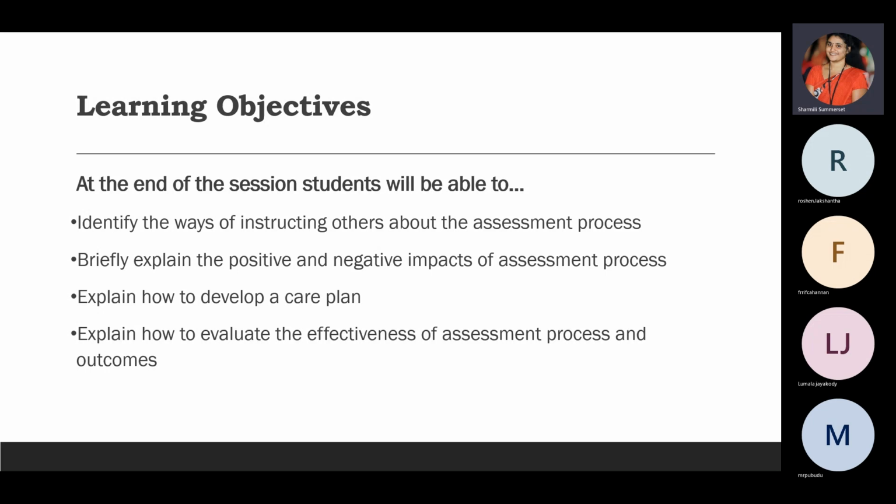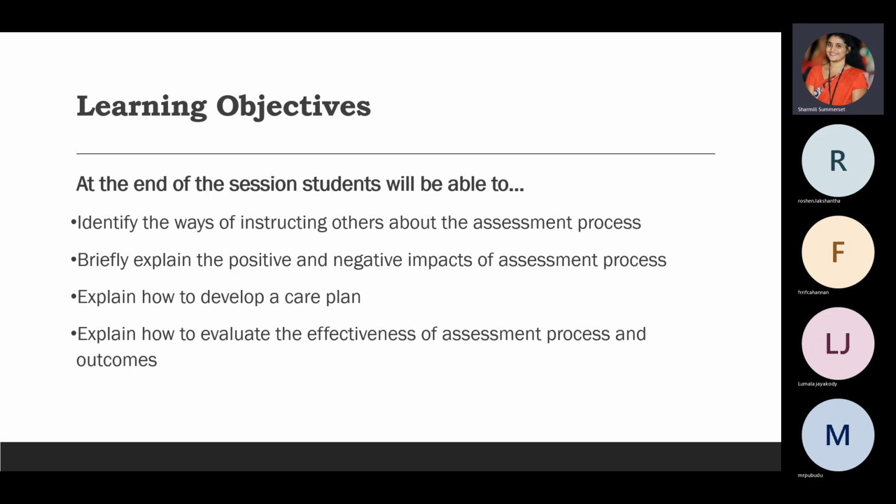Today what we are going to see is, yes, you can do the assessment once you are a competent person, because you will have a guideline and that guideline has many questions.